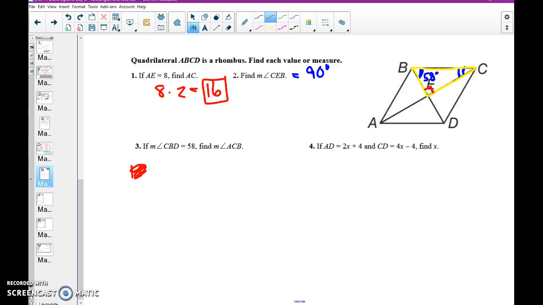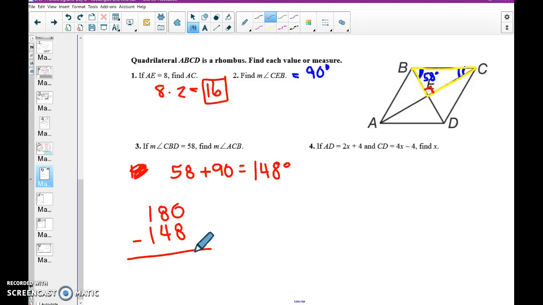I'm going to add up the two angles that I currently have. I've got 58 degrees and 90 degrees. That means together I have a total of 148 degrees already accounted for. I need them to add up to 180. So let's subtract out the group that we already have. That means we have 32 degrees remaining for angle ACB, which would be our answer.